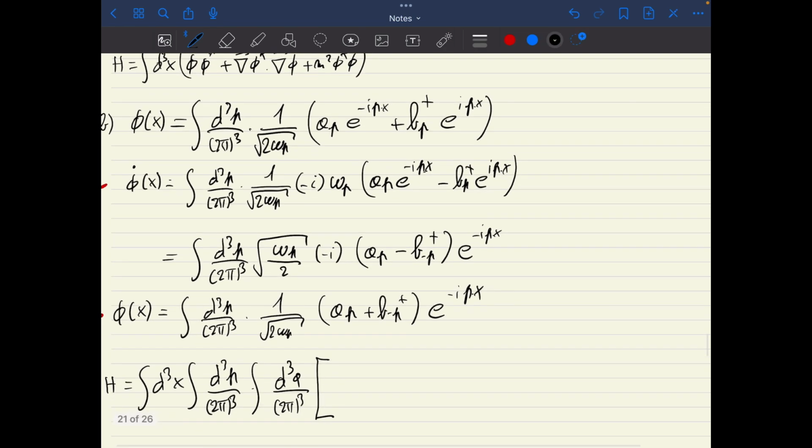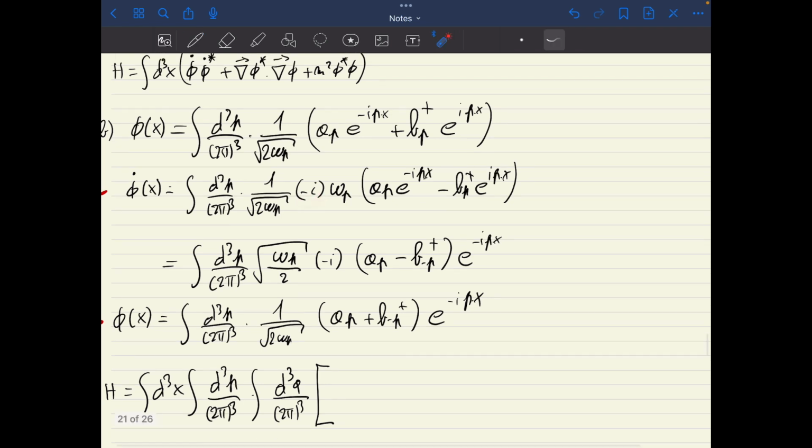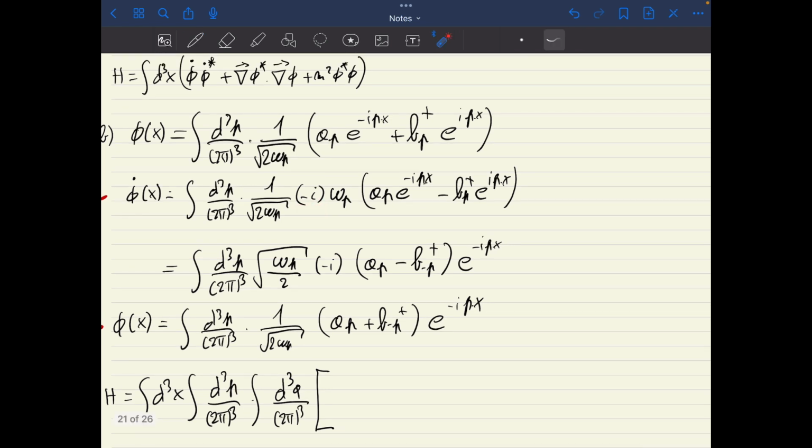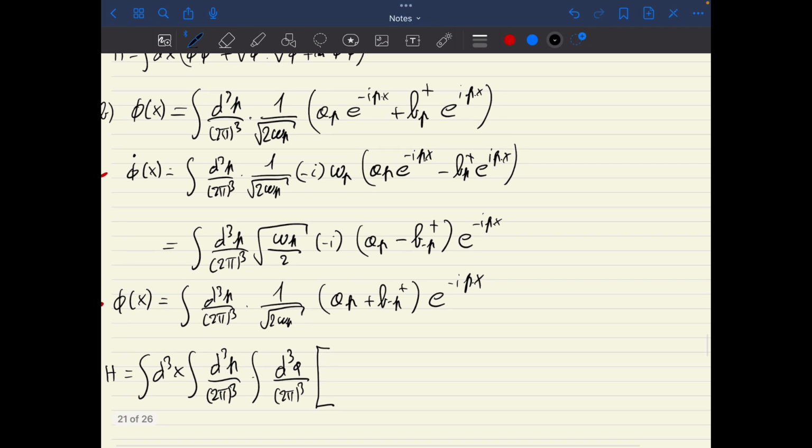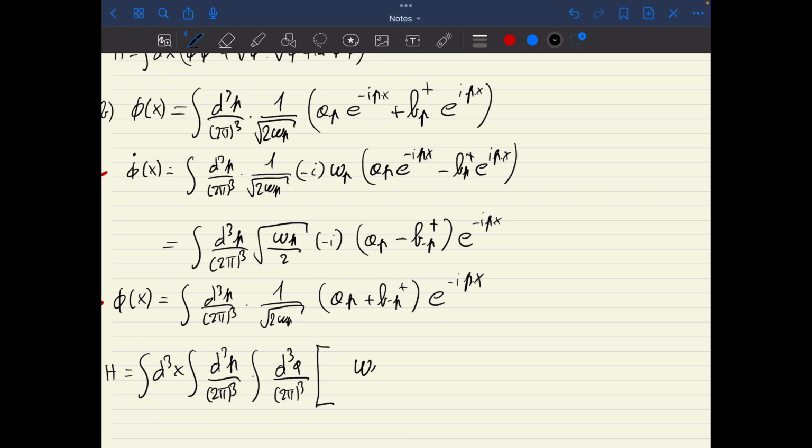So for the first term we have this, so the minus i will disappear, because we'll have minus i here, but from the star version we'll have i, so that's plus 1. So we just have omega p omega q divided by 4, and well, simply the operators now.